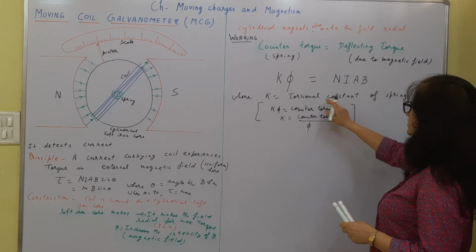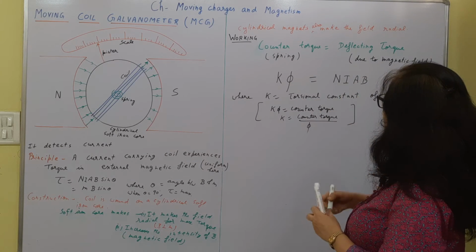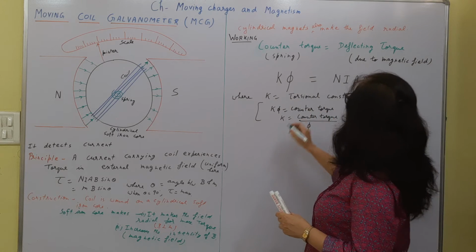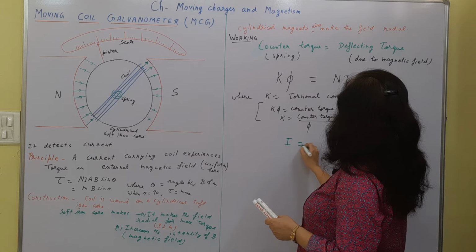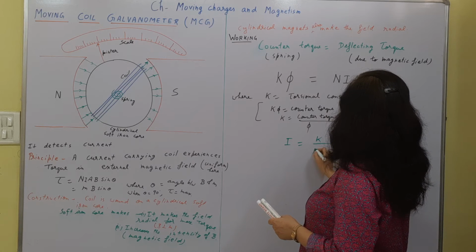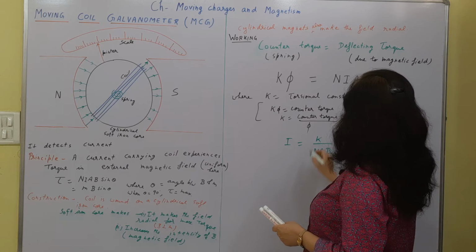This is called the torsional constant of a spring. So from this expression we can write I is equal to K upon NAB into phi.